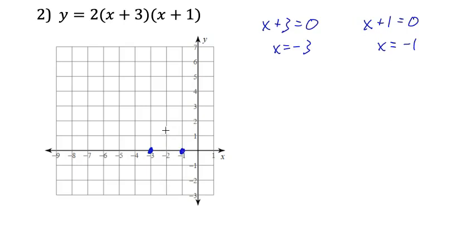Now, once again, it's easy to see that the vertex of this parabola is going to be at -2 because it's halfway between -1 and -3. But we don't know the y value of that vertex yet. So let's substitute -2, the x value of our vertex, into this equation.